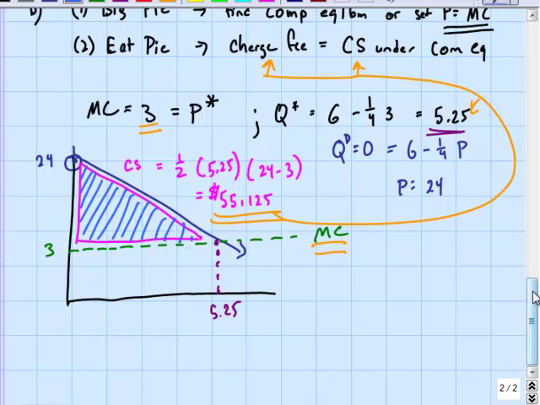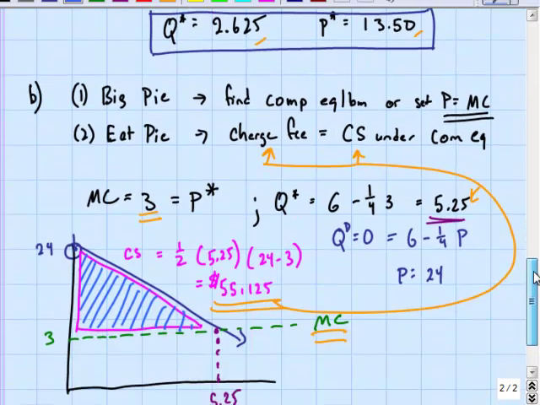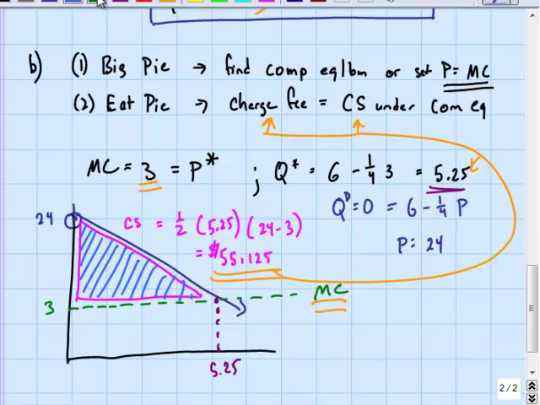And I'm not going to be very careful in the sketch, but it used to be $13.50, 2.65. Probably not the best color choice, but I'm running out of good ideas here. That's the old equilibrium under one-part monopoly pricing. And there, consumers at least get to keep some.